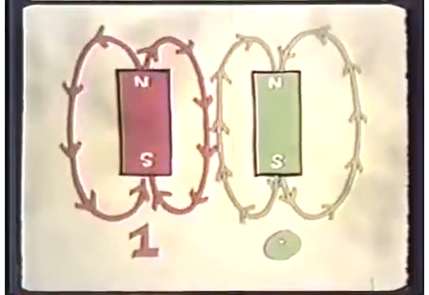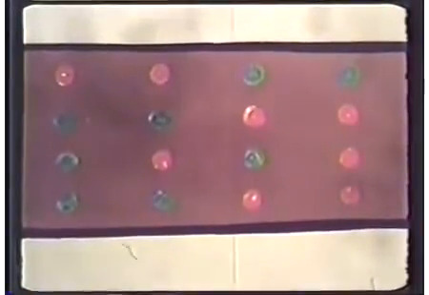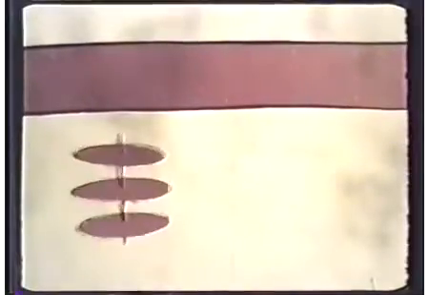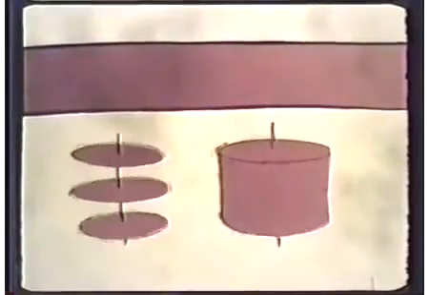A positive or negative magnetic field. A positive or negative spot on a magnetic tape, disc or drum. The presence or absence of a hole in a punched card.